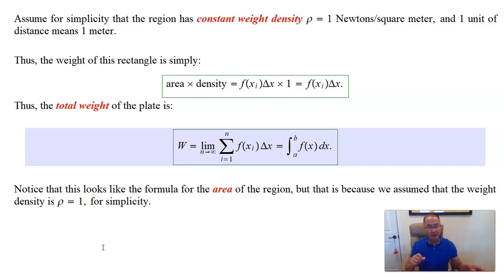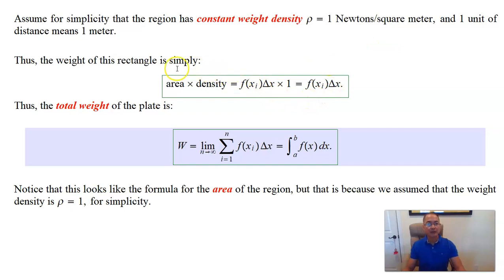So similarly, we want to know the total weight of our plate, right? So for simplicity, we'll assume that the weight density is 1, and that 1 means newtons per square meter, if 1 unit on our Cartesian system corresponds to 1 meter. It really doesn't matter, because as long as we're consistent, same units, we're fine.